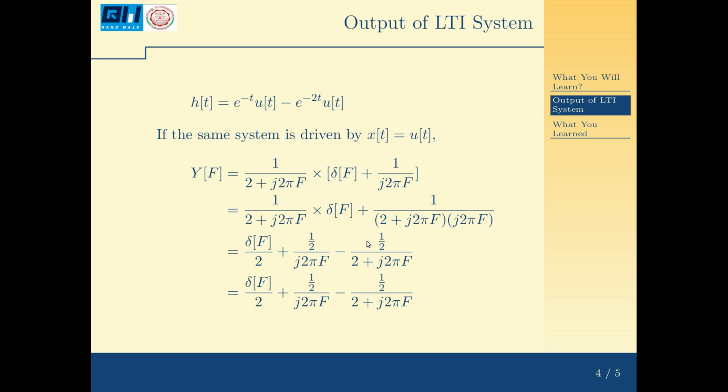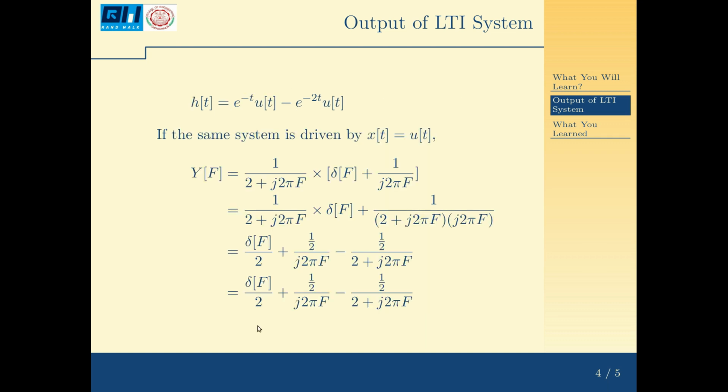So the residue here is minus 1 by 2. So ultimately the three terms are delta f by 2, plus 1 by 2 by j2πf, minus 1 by 2 by 2 plus j2πf.